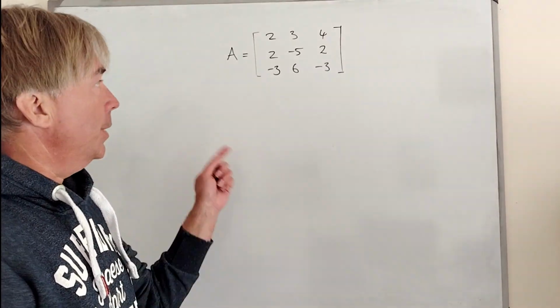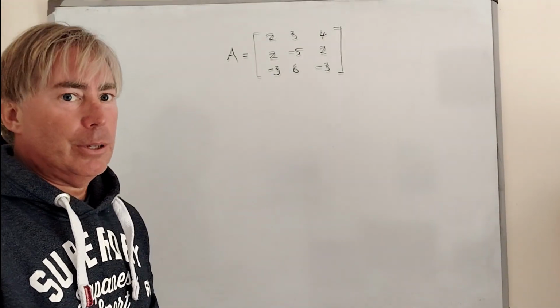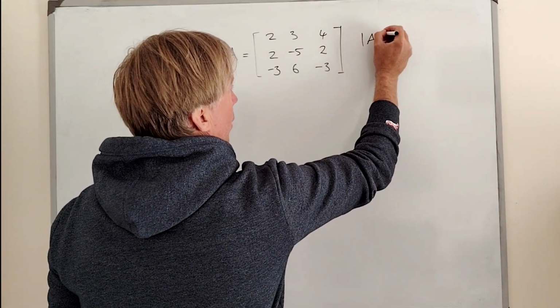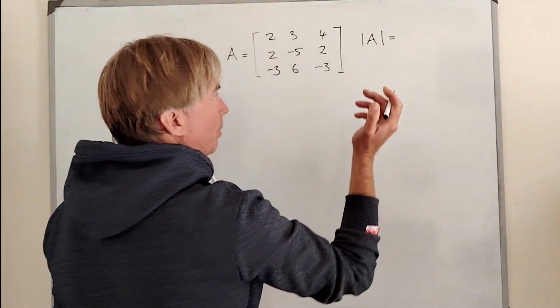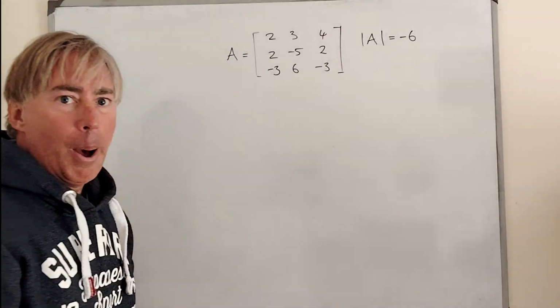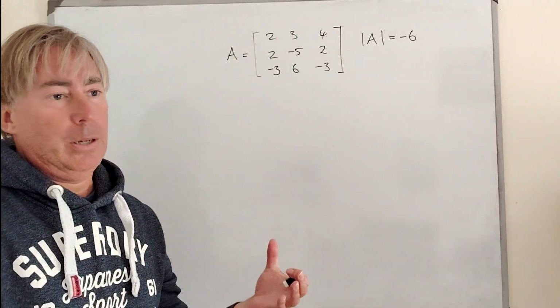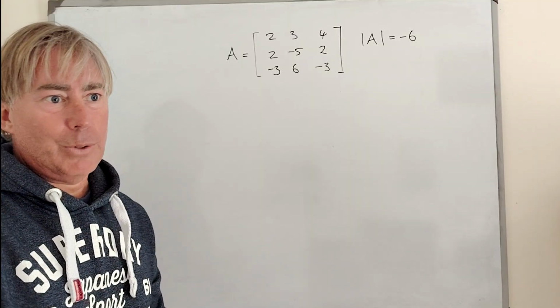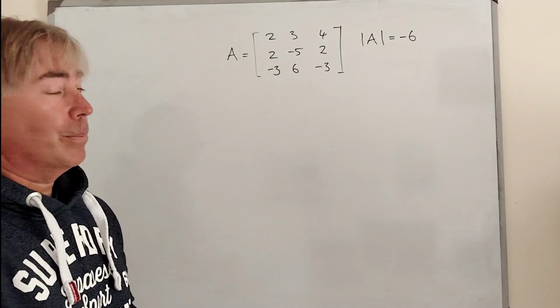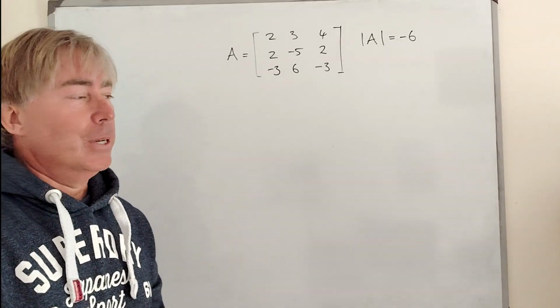Okay, so this is the matrix I've previously used to find its inverse, and because of that I know that the determinant of that matrix, represented by the two vertical lines, is actually equal to -6. So what I'm now going to effectively do is use the matrix manipulation rules to go ahead and simplify the process of finding the determinant.